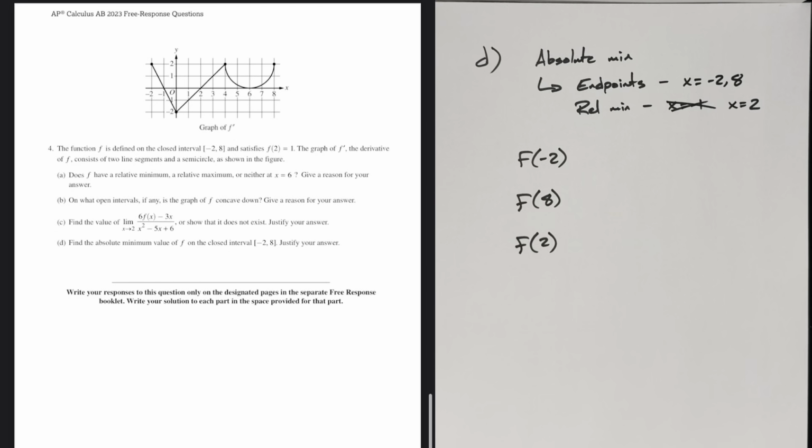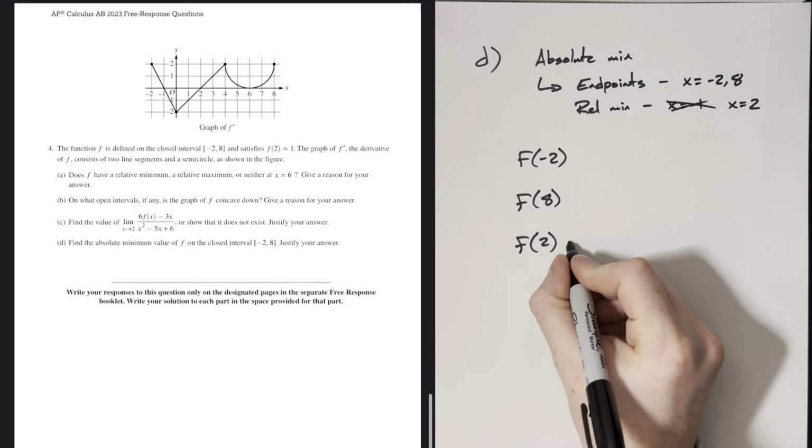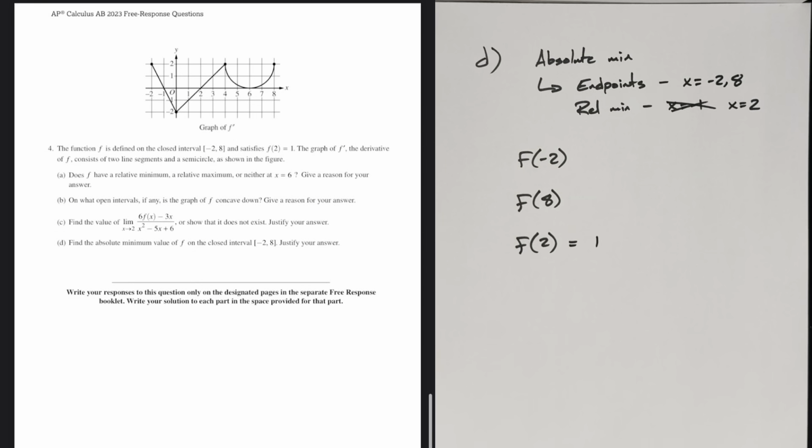Not too crazy. Or, oh my gosh, I messed it up again. I switched it up. We're looking for the absolute minimum, so whichever one of these is the smallest will be our final answer. Now, the great thing is f of 2 was already given to us. It's equal to 1, right? That was given to us at the beginning of the problem.